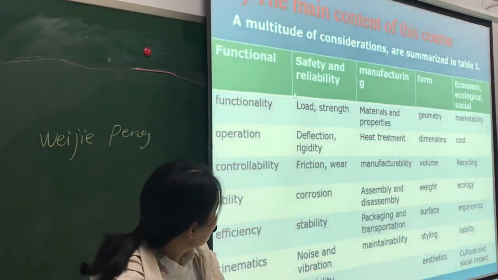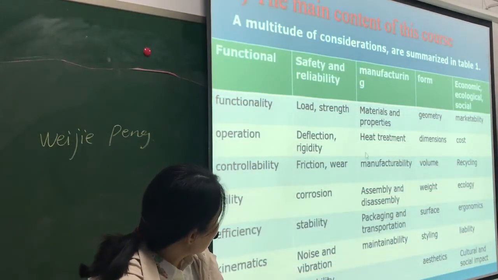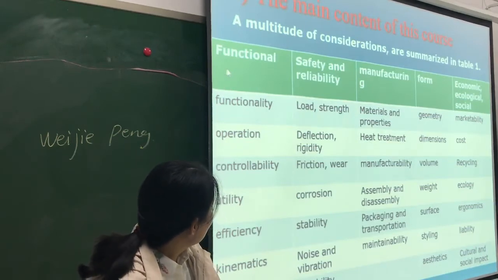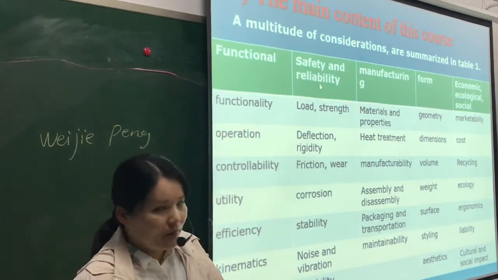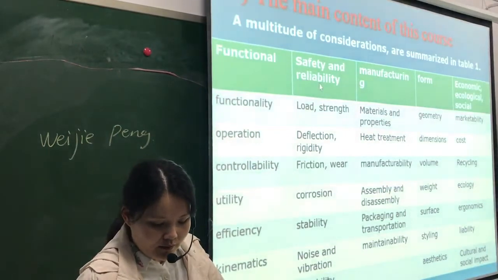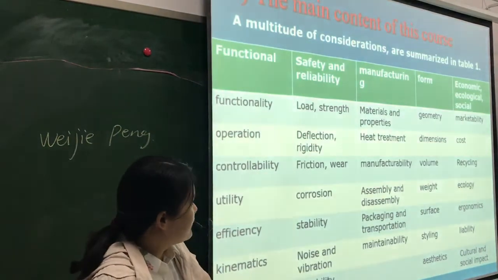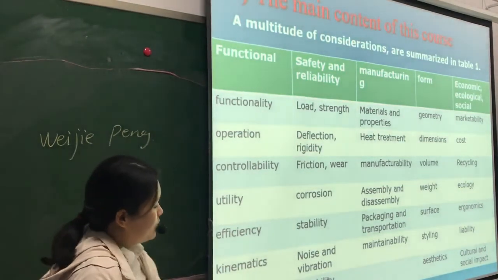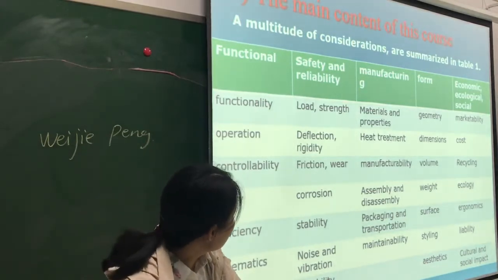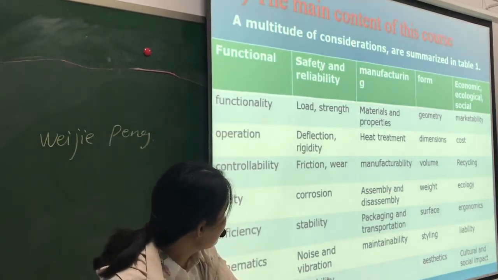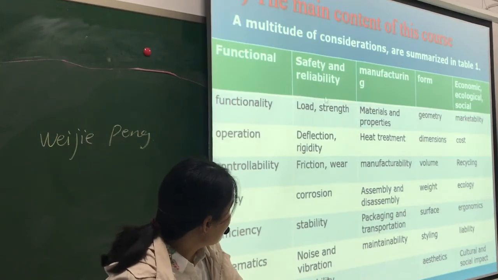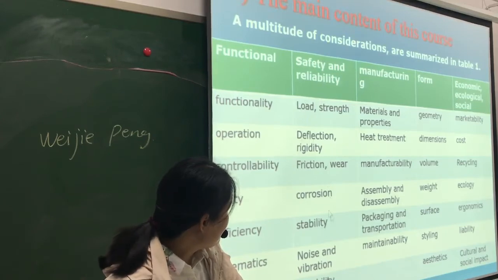A multitude of considerations are summarized in this table. For example, for a component, for safety and reliability we should consider the load, strength, deflection, and stability.